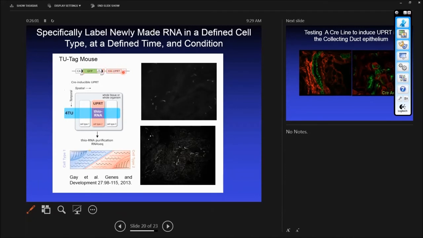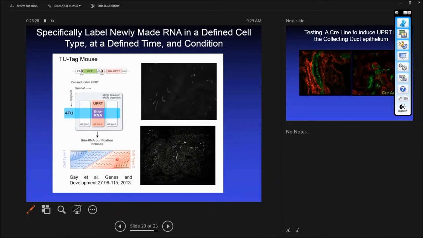That activates this enzyme. What this enzyme does is it takes a compound called 4-thiouracil and incorporates that into new RNA that's being made. So a gene is made into RNA, and that RNA is then made into a protein. But this compound will be incorporated into only new RNA. So here's an example of a cell in blue that does not have that enzyme, and one that's in red that does.